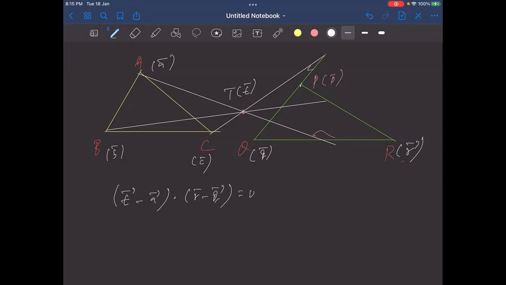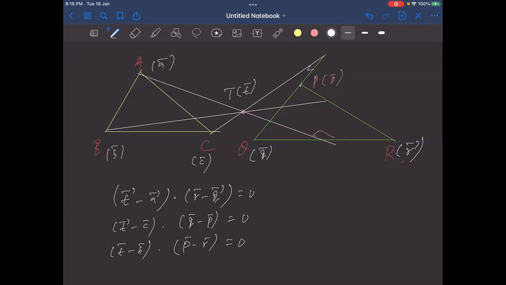And these two vectors we are considering perpendicular, so we get T minus C dot Q minus P is equal to 0. And we get T minus B dot R minus P. So this is given. Okay, now we have to prove the vice versa.